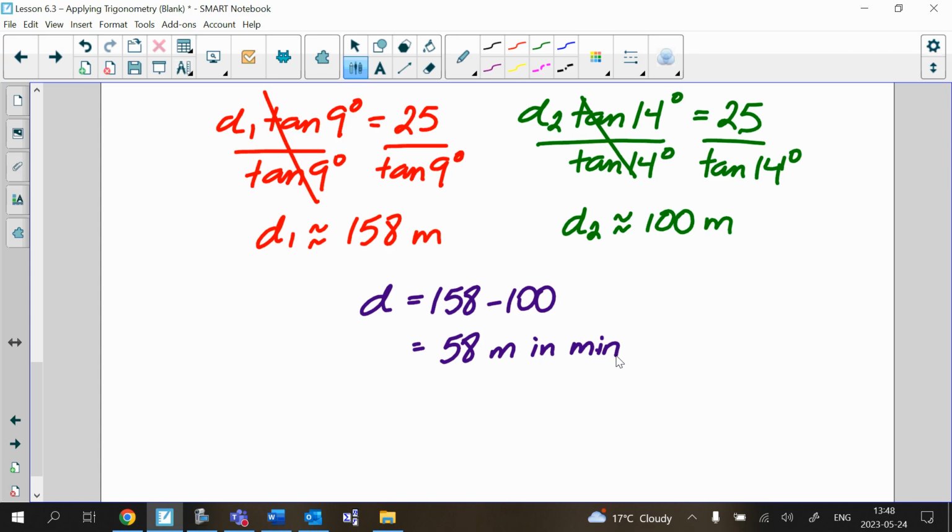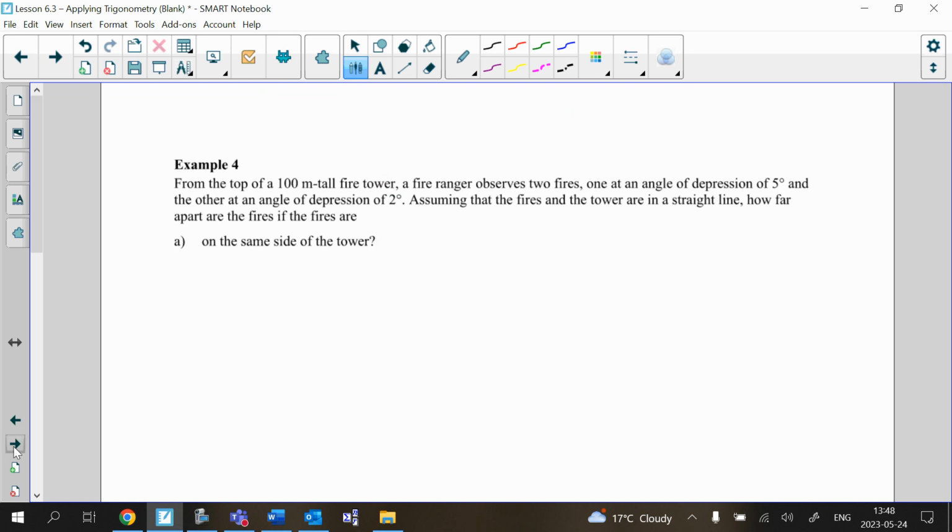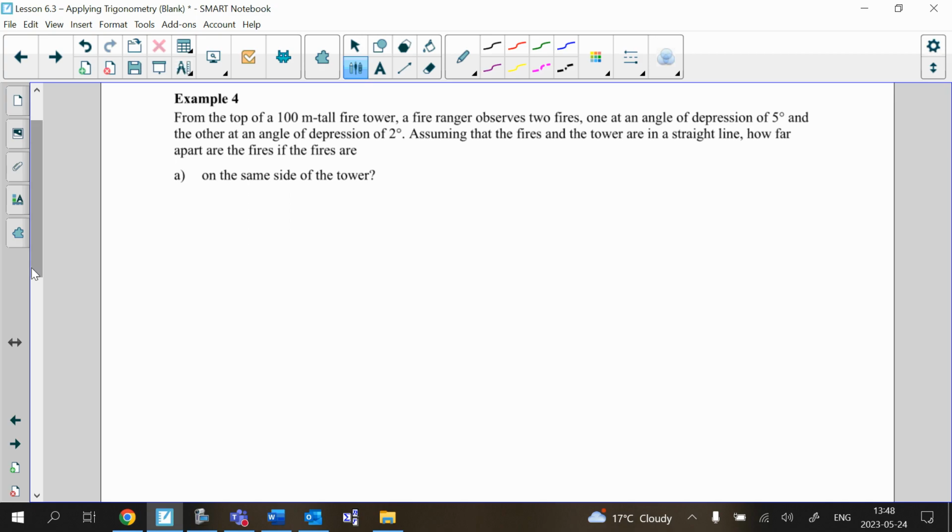I'd like to do one more similar to this, just so you can get the hang of it. And this one involves a tower, a ranger tower, somewhere in the bush, 100 meters tall, and a ranger observes two fires, one at an angle of depression of 5 degrees, one at an angle of depression of 2 degrees. Okay?